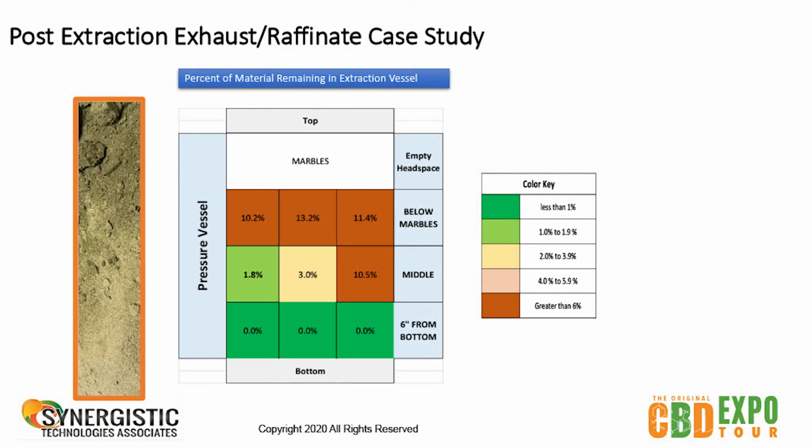If I look at this diagram here, I have a pressure vessel that shows the outside of that. I have 9 different segments, so it's loaded from the bottom with biomass, and then on top marbles, and then you see the top part of the extraction vessel.